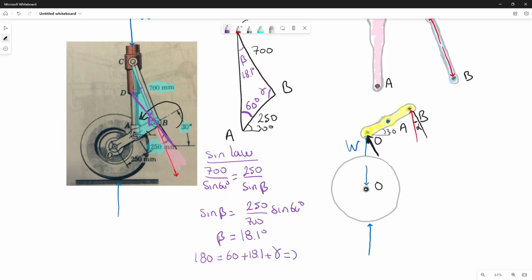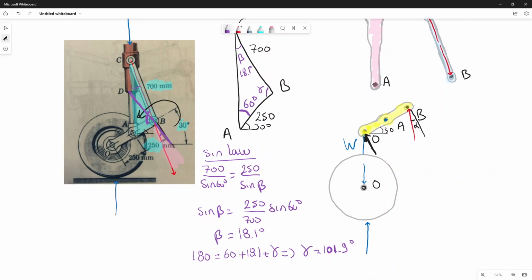So we get gamma equal to 121.9 degrees. So if we look at this yellow bar, let me clean that a little bit. Remember what we are looking for? We are looking for this angle there between the perpendicular line.